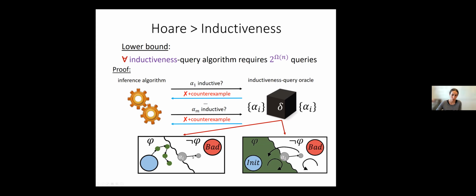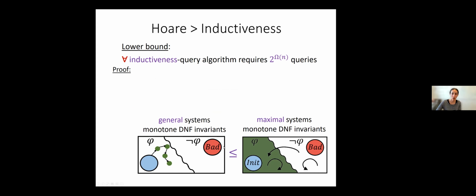So any transition that was a CTI here is also a CTI here. And this tells us that when we look at the inductiveness query model, trying to infer invariance for maximal systems is at least as difficult as trying to infer invariance for general systems. So the maximality doesn't help us in this model.